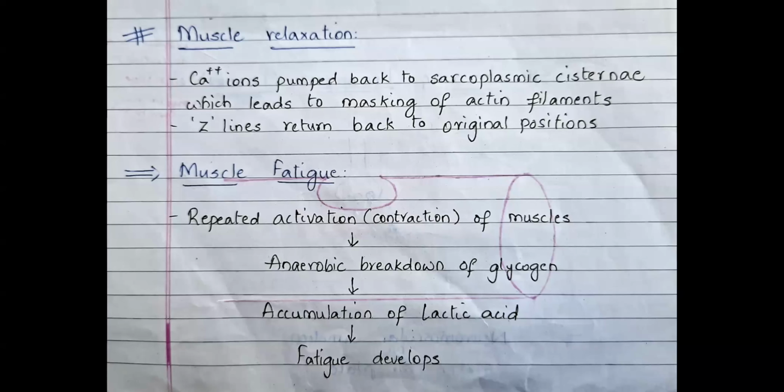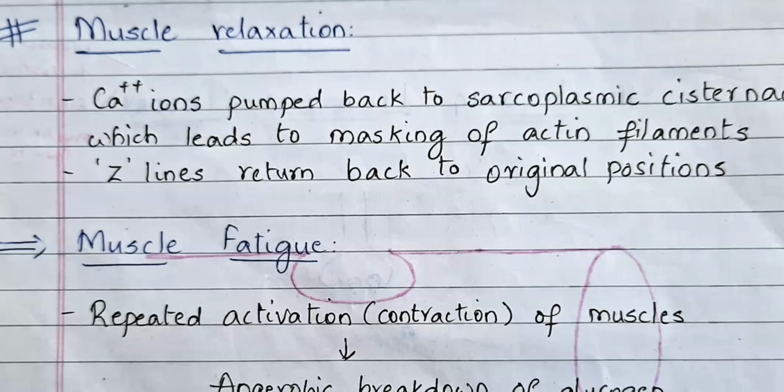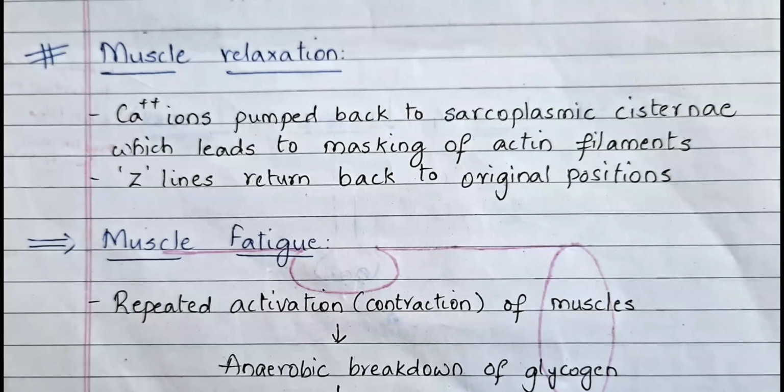Muscle relaxation. Not much is mentioned about muscle relaxation. Hardly 2 lines are given, so I will just go through those 2 lines. At the time of muscle relaxation, the calcium ions are pumped back to the sarcoplasmic cistern. The cisterns of the sarcoplasmic reticulum take the calcium back.